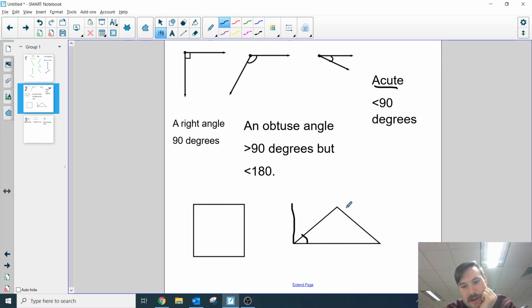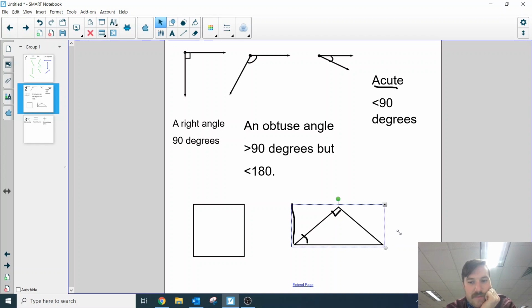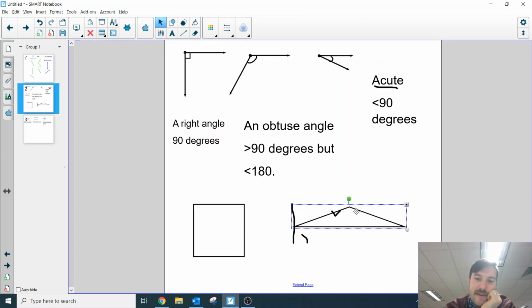And here we have an angle that looks about 90 degrees. So we would call this a right angle. Now if I were to change this shape, if it'll let me, now I don't have a right angle, I have an obtuse angle. So an angle greater than 90 degrees.